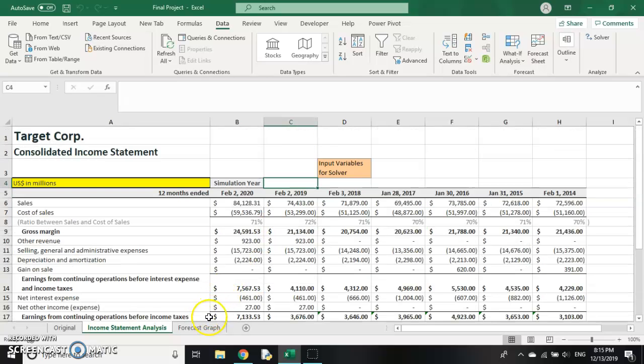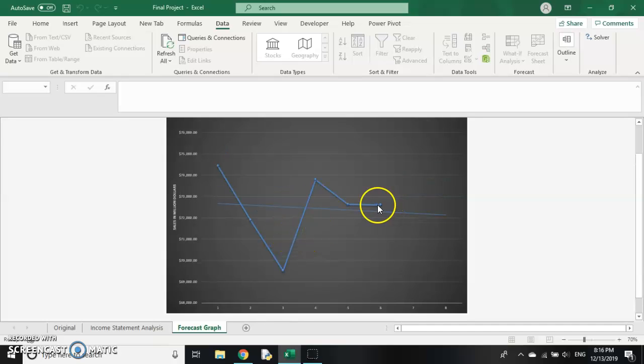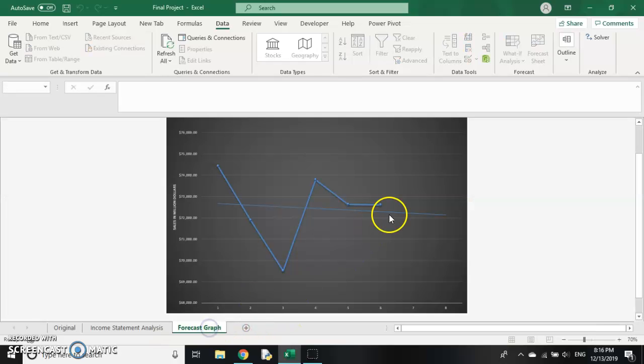I made a forecast graph from 2014 to 2019 to see if Target is able to reach 84,000 in 2020. This is the graph I got. Sorry, it's supposed to read from right to left because 2014 starts from the right. As you can see, sales go up and sometimes go down.